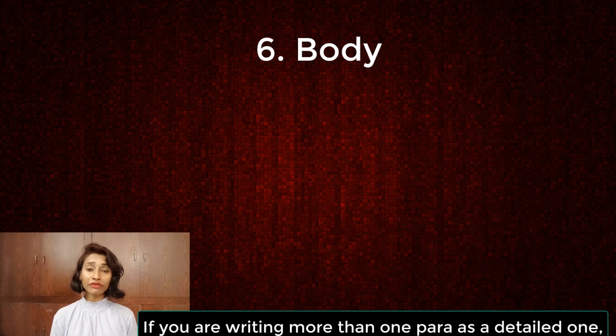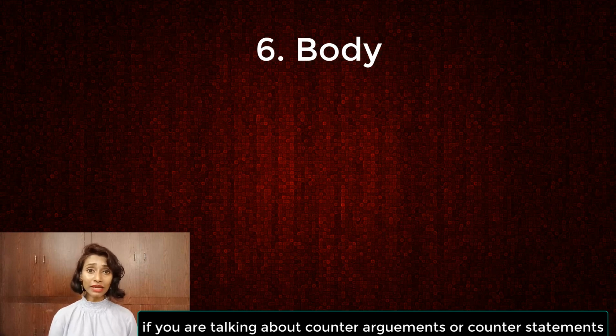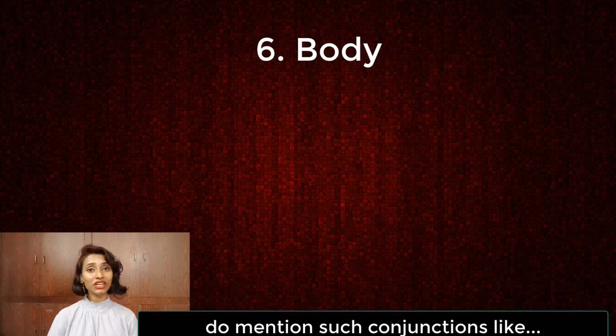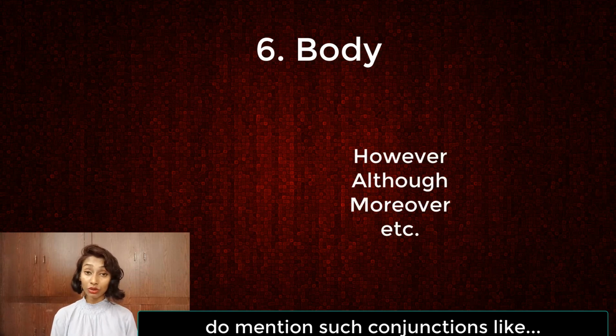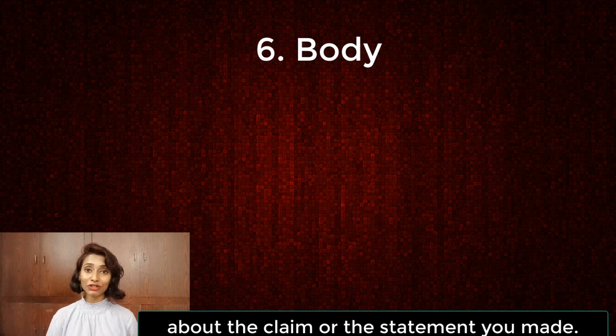If you are writing more than one para as the detailed one, do use some connectives like firstly, secondly, or if you are talking about counter arguments or counter statements, do mention conjunctions like however, although, moreover, etc. But remember, it's better to give supporting information about the claim or the statement you made.